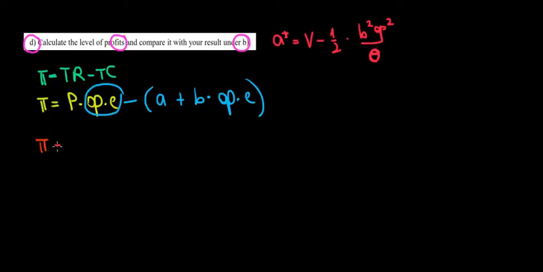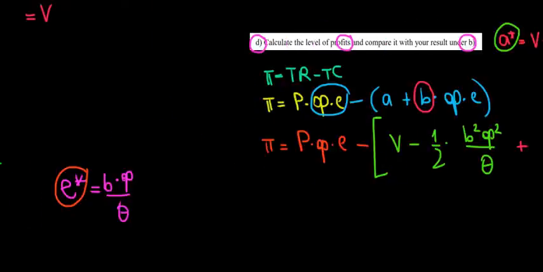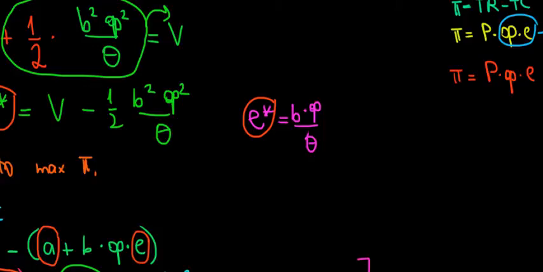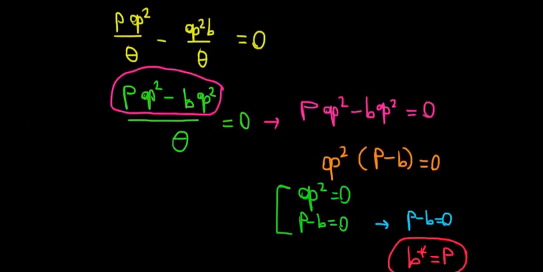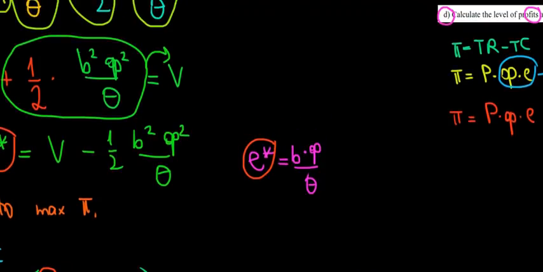We have the profit equals the price times theta times E minus, what is the optimal base salary? Well, this is what we calculated in the previous video, so we're going to substitute it over here, and we have V minus 1/2 times B squared theta squared divided by theta, plus B times theta times E. But one more thing about the optimal bonus we saw in the previous video: we saw that the optimal bonus was equal to the price level, so we could substitute it in our function, and we do so because we'll see that we can cancel out some stuff.